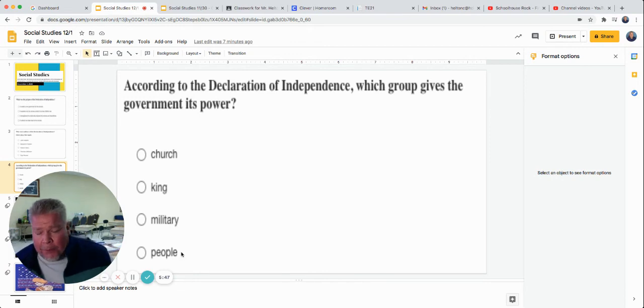But the people choose who they want to be their leaders in government. So it's the people, not any of these other groups, that the Declaration of Independence says should be in charge and giving the government its power. Otherwise, it becomes a tyranny, and the government's just like having a king again.